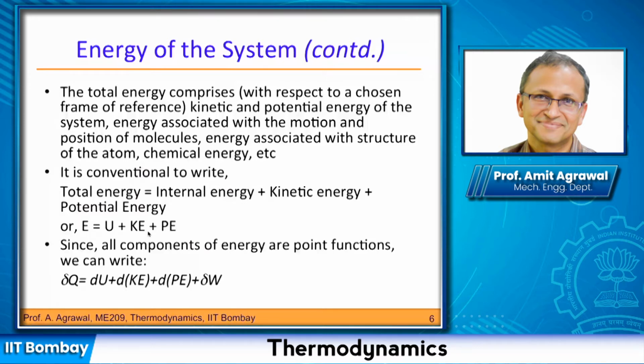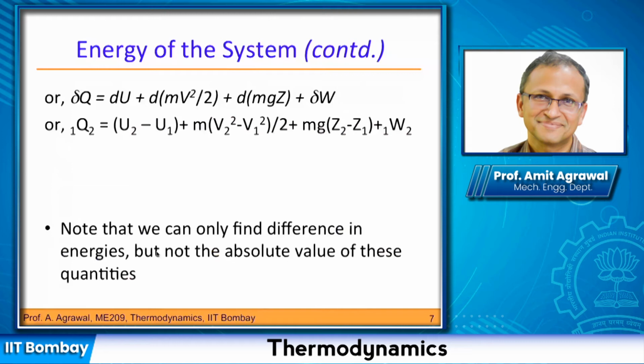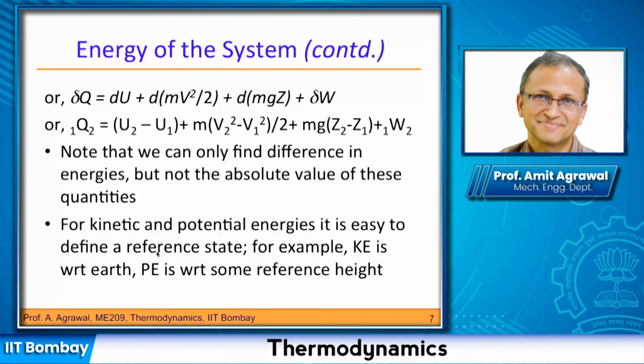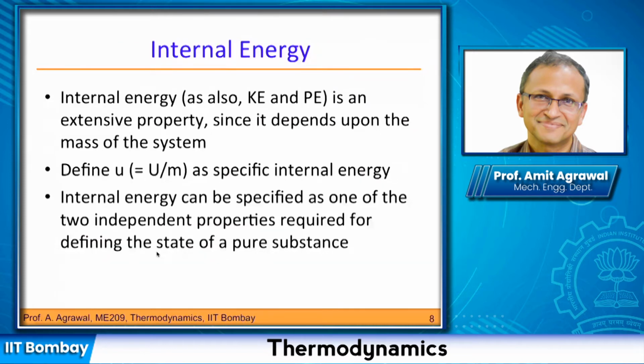And of course, each of these energy components are again point functions, and therefore we can write it out in this form here. And because internal energy is also a property, although it's an extensive property, we can define an intensive property by dividing it by mass. And then we can use this specific internal energy as a property to define the state of a pure substance.